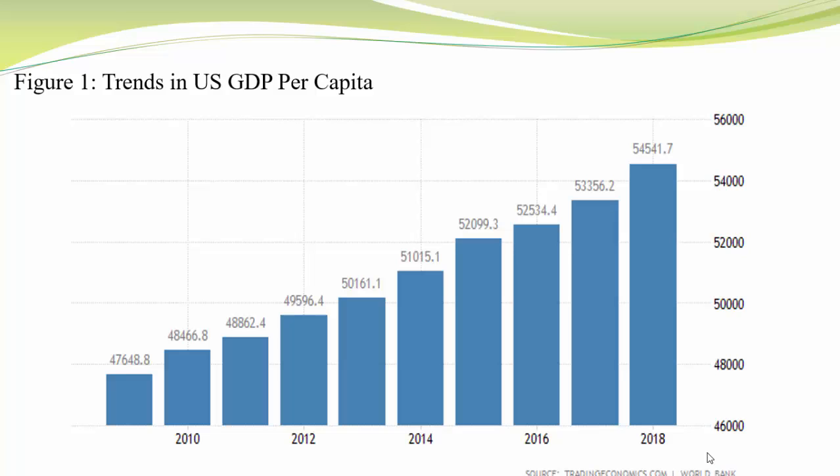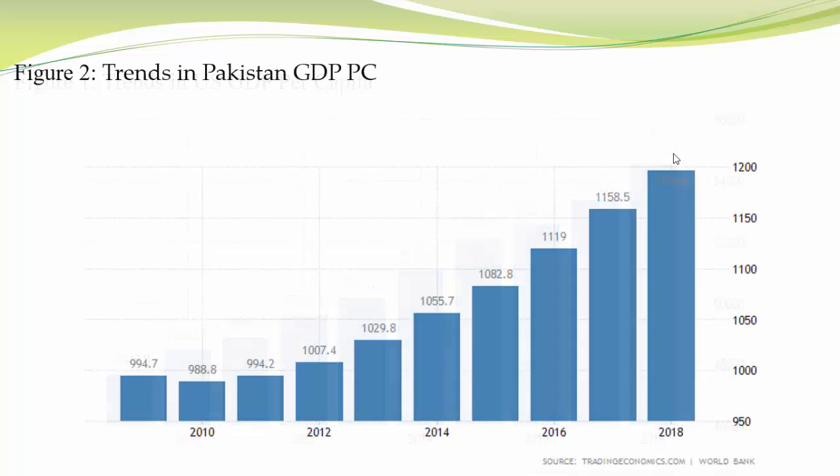Here we can see the increase in the GDP per capita in the United States of America. We see that the GDP in 2010 was 48,466.8, which increased to 54,541.7, which shows a huge, visible increase.